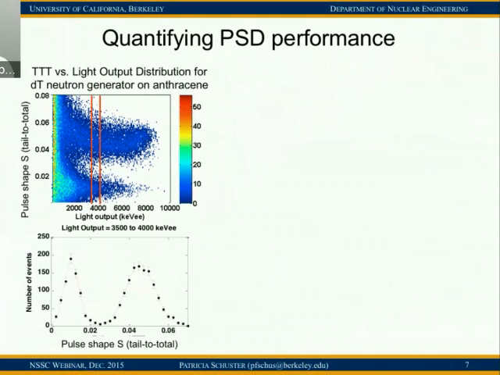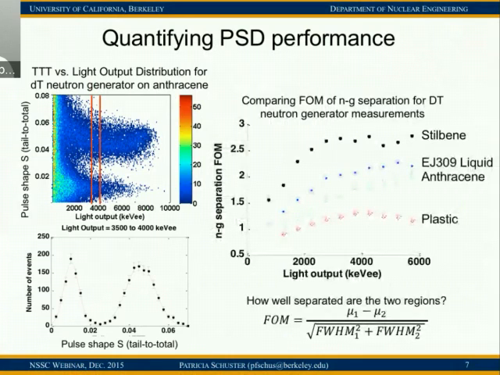In this one, the lower pulse shape values are the gamma rays and the higher ones are the neutrons. And then you calculate a figure of merit, which is the difference in the means of those two peaks divided by their full width half maxes in quadrature.